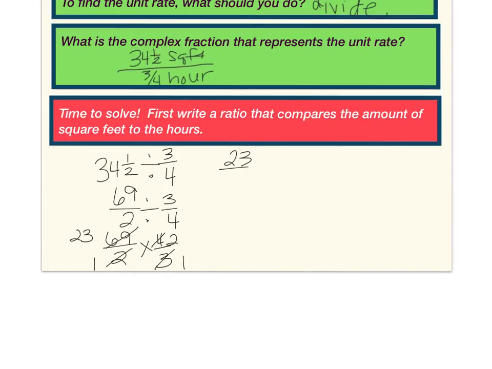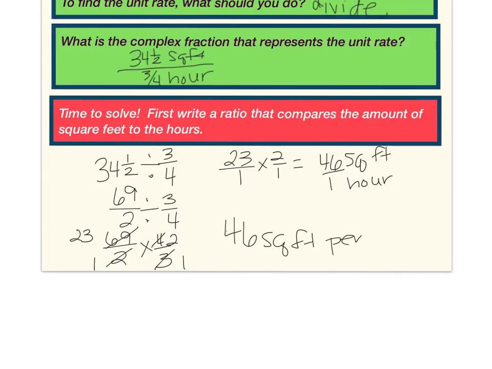Now our problem is 23/1 times 2/1, which equals 46/1. So this means, with our units, 46 square feet per 1 hour. So in other words, Tia can paint 46 square feet per hour.